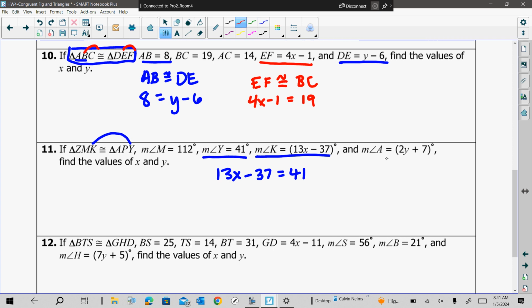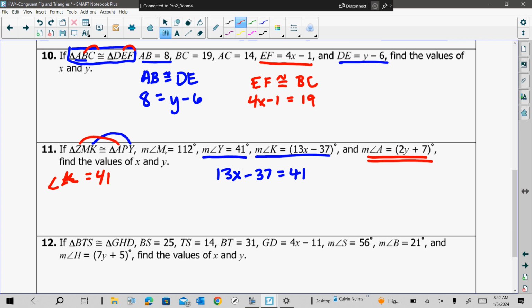But to get to the y, which is angle A maps to Z. And if you look, they didn't give us the Z. We know we have K. K is 41, because these two are equal to each other.